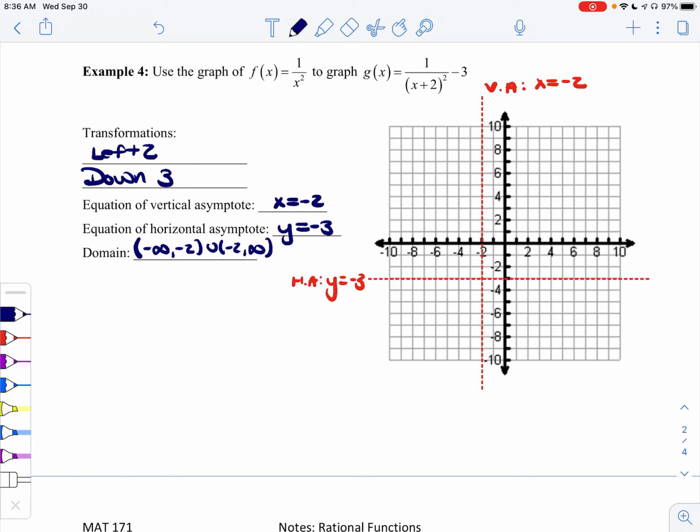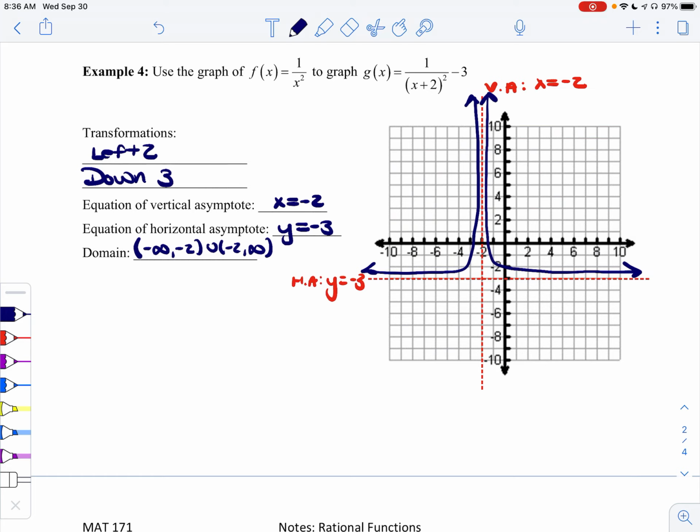So go ahead and just roughly sketch those in. I'm really not concerning myself with precise points, just overall shape of the graph. Making sure that I have the correct asymptotes and that my graph is in the right spot relative to those asymptotes. Okay.